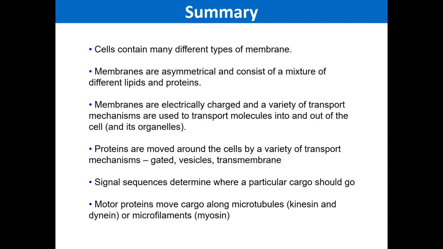Proteins can be moved around the cell by a variety of transport mechanisms, such as gated transport, vesicles and transmembrane transport, while the signal sequences determine where a specific protein will go in these compartments. And finally, motor proteins can move cargo along the microtubules, such as kinesin and dynein, or microfilaments, such as myosin.